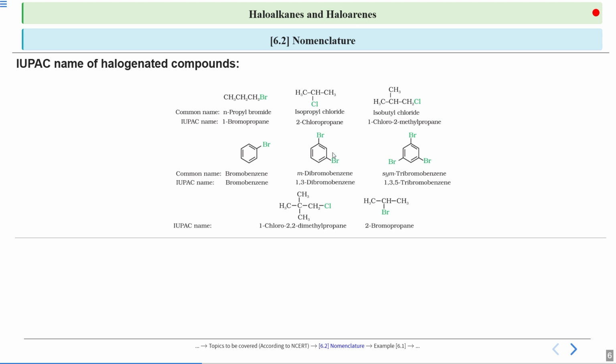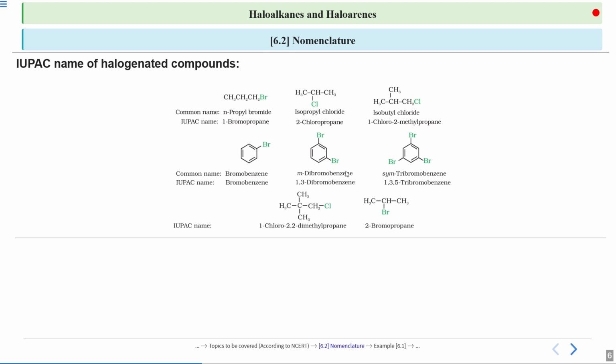So at the meta position we have 1 bromine, and at the first position we have 1 bromine, right? So we write the common name as meta. M is for meta. Dibromo because we have 2 bromines. Benzene. So you can ask that if one position of bromine is classified as the meta position, how do you identify the other from the name?